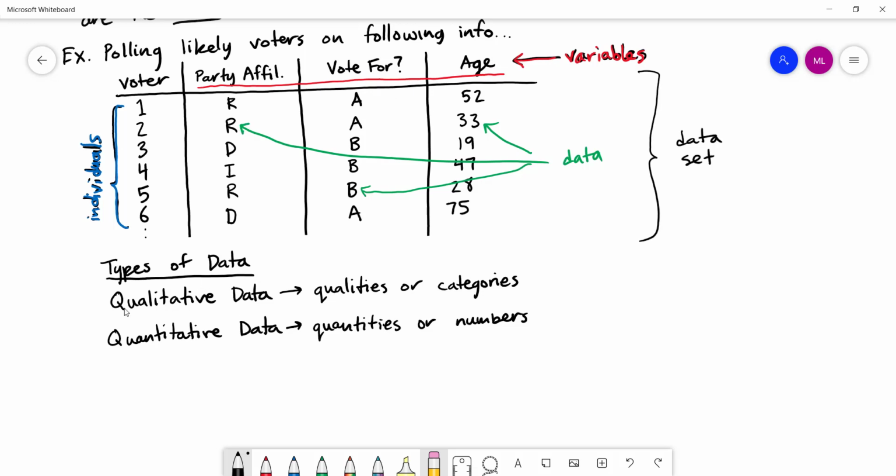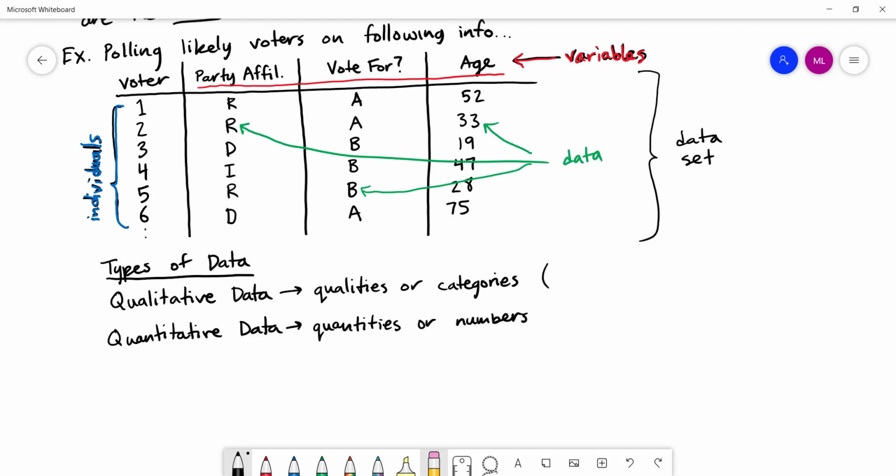Independent, that's going to be qualitative data. Those are sort of categories. Same with the candidate that they plan on voting for. Candidate A, candidate B, and so on. Those are sort of categories that they're falling into. Whereas their age are very clearly numbers, and so that would be quantitative.